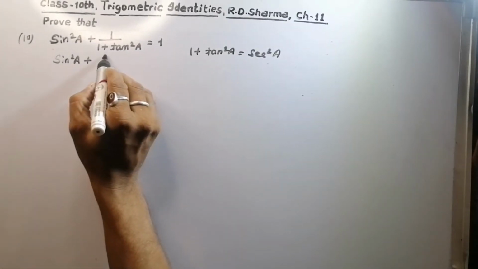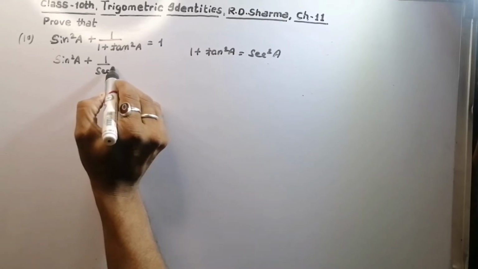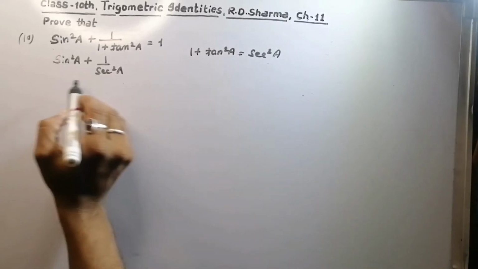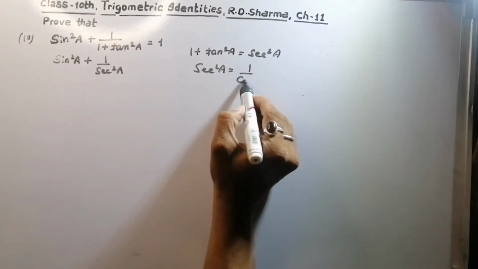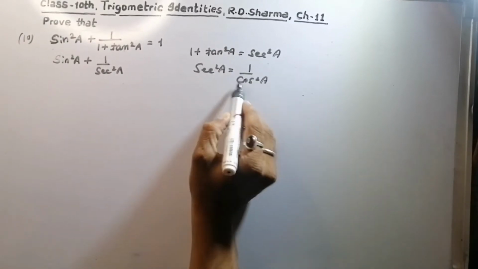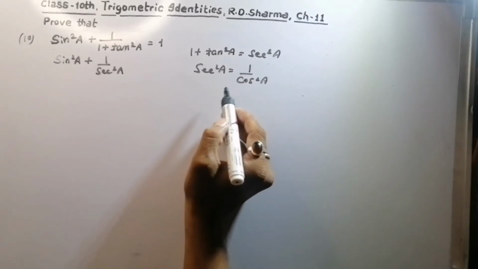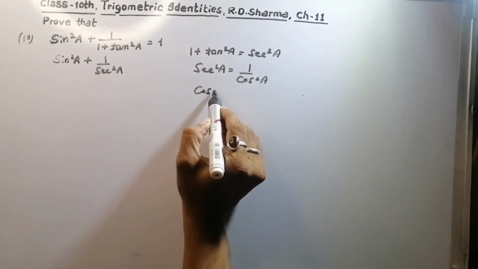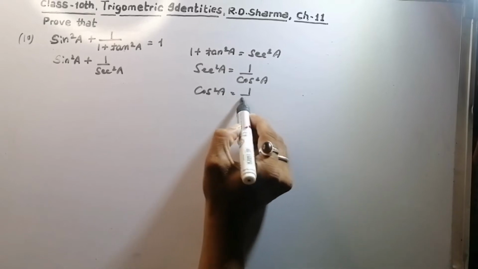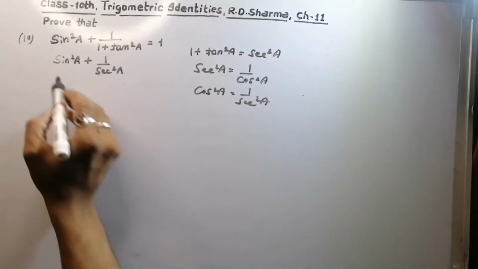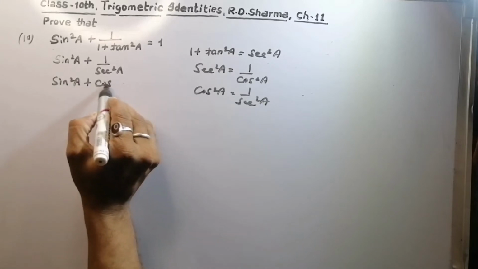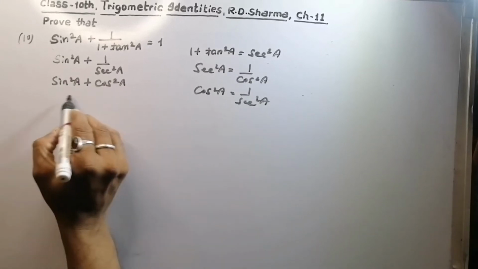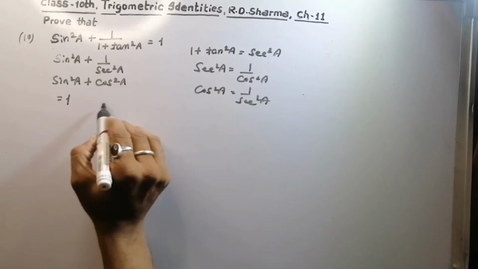So we can write 1 plus tan square a is equal to sec square a, and we know that sec square a is equal to 1 upon cos square a, and so cos square a is equal to 1 upon sec square a. So sin square a plus cos square a, which is equal to 1. It is equal to the right hand side.